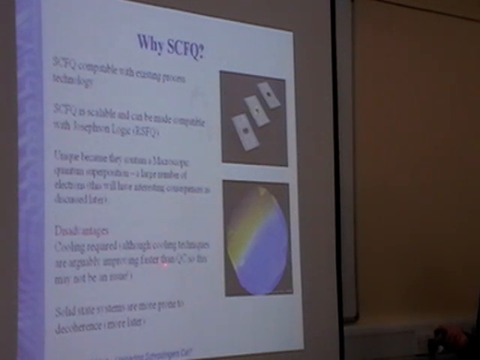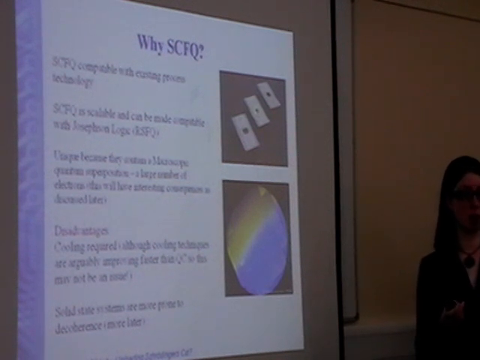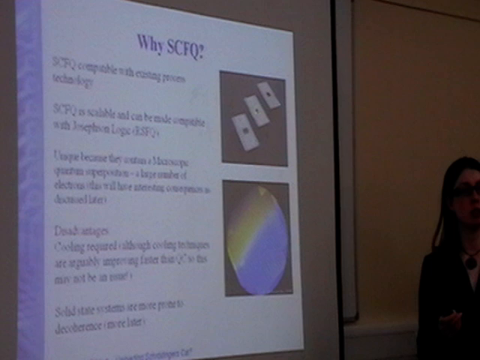And like I mentioned earlier, these systems are quite unique amongst the qubit family because they contain what's known as a macroscopic quantum superposition. So if you put an atom into a superposition of two spin states or use two of its energy levels, you've just got one atom, and that's a very small system.